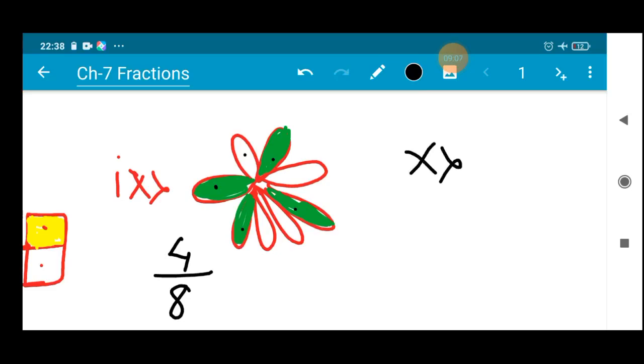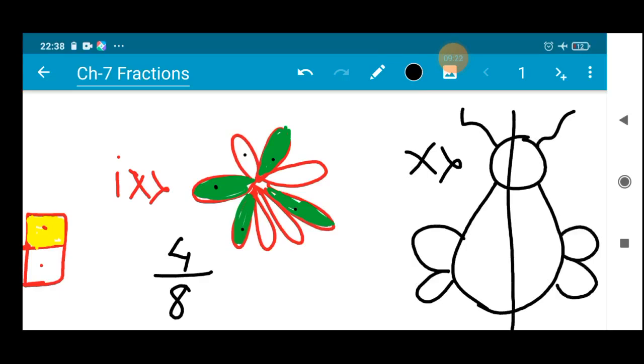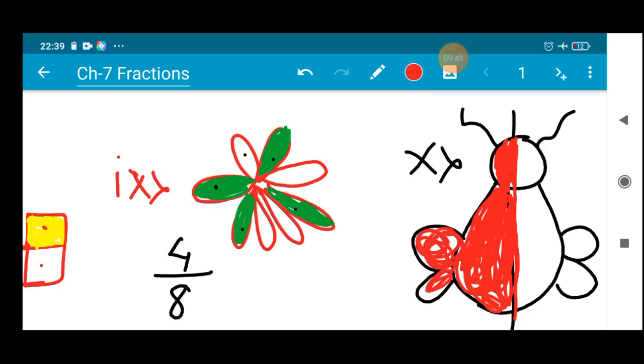Alright, let's do the last one, number 10. Here also the same thing is applied. So it is colored like this. It is covered with the red portion here, fully like this.